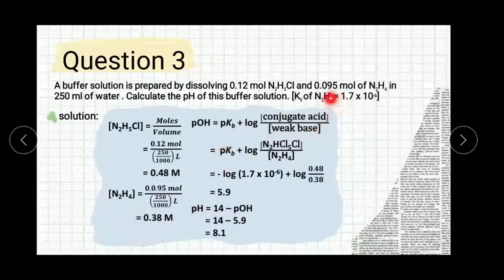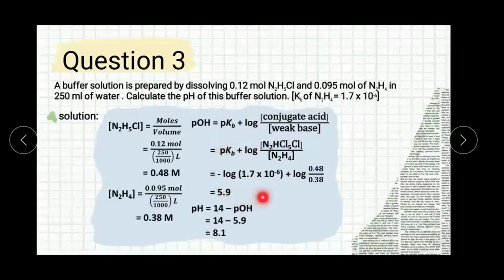This equation is actually the Henderson-Hasselbalch equation. So pKb is equal to negative log Kb, which is already given. Just plug in the concentration of hydrogen monochloride and also hydrogen, and we get the pOH equal to 5.9.